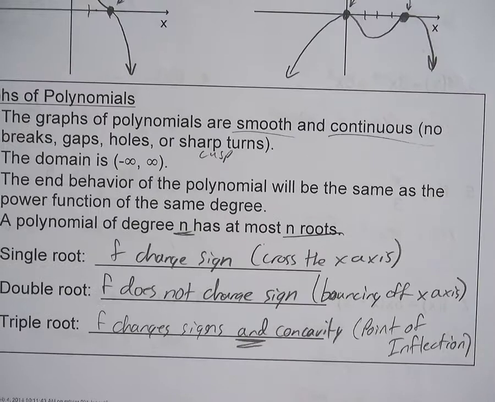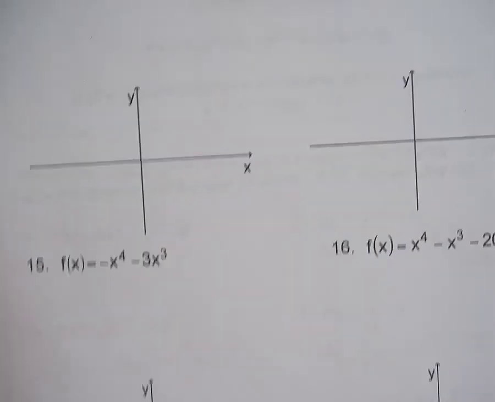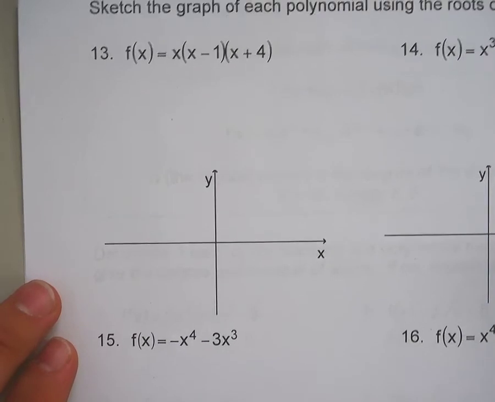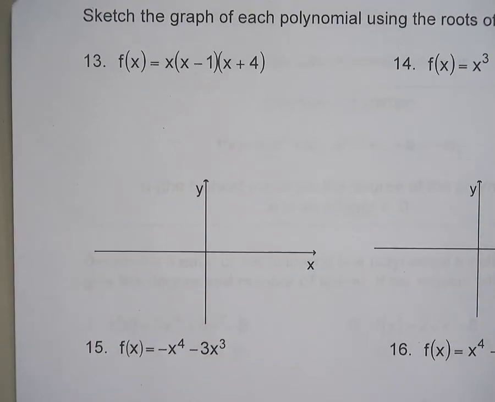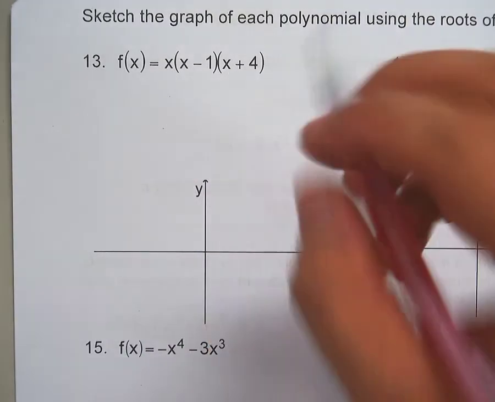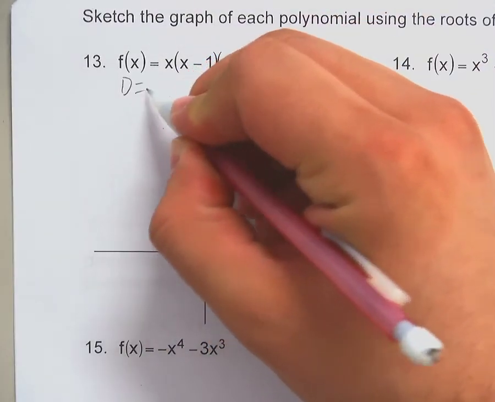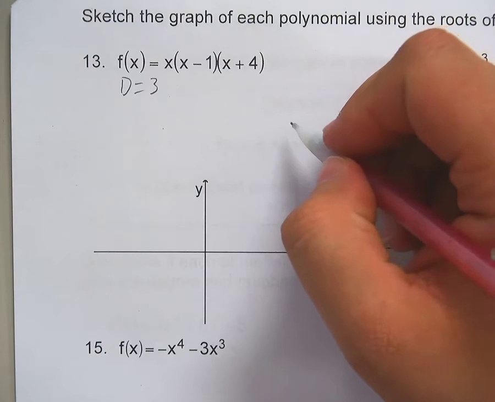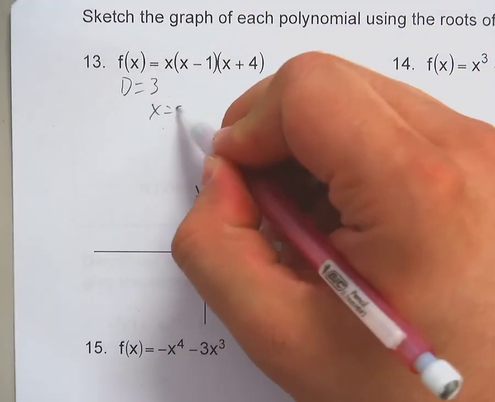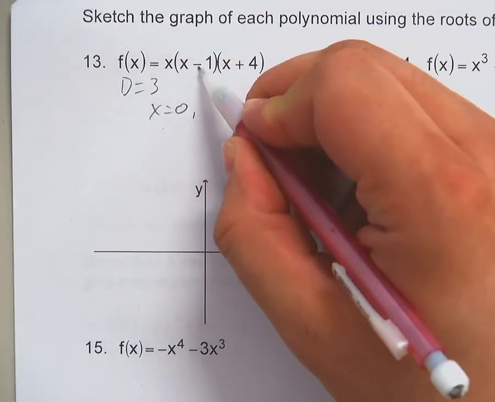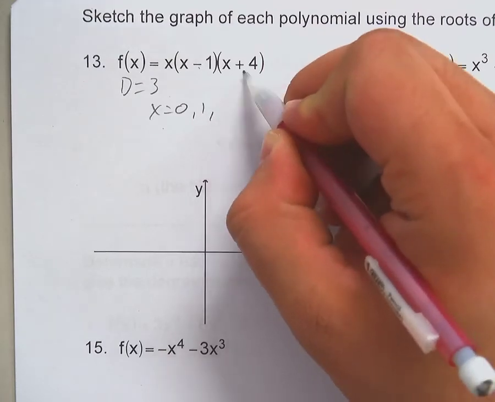All right, so keeping all of that in mind, what I'm going to do is come over to the back and just sketch a few more graphs, just using the information I know. So I've got 3 x's here, so I'm going to have a third degree polynomial. And I know I've got zeros at 0, 1, and negative 4.